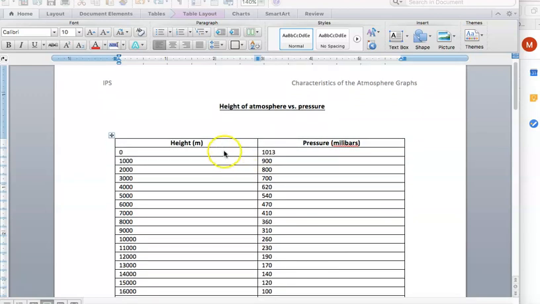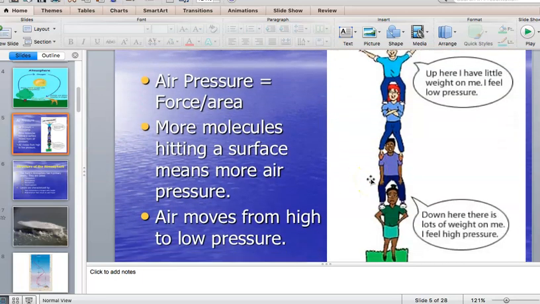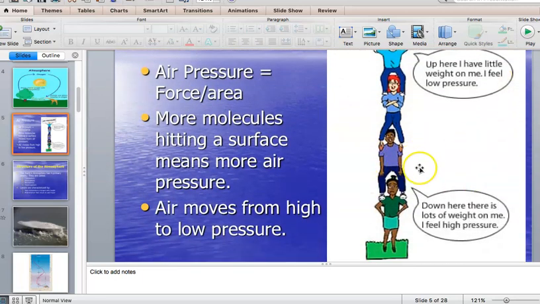Graph number one is showing the relationship of height above the Earth's surface as well as pressure. If we look at our PowerPoint notes for this unit, we see that the definition for air pressure is the amount of force distributed over area. If we have more molecules or air particles that are colliding with one another, we associate that with greater air pressure. This graphic to the right is a good representation of what's happening.